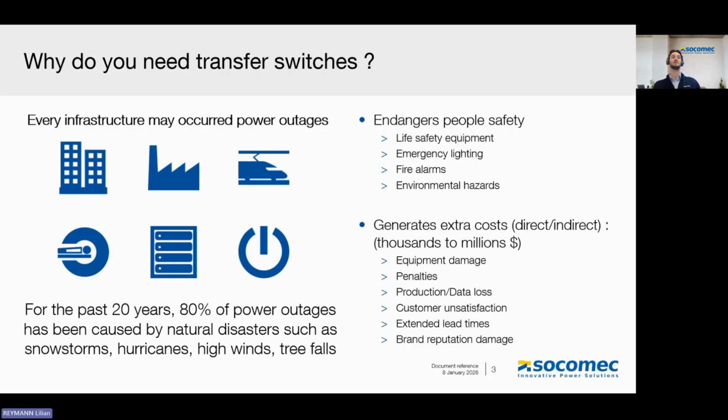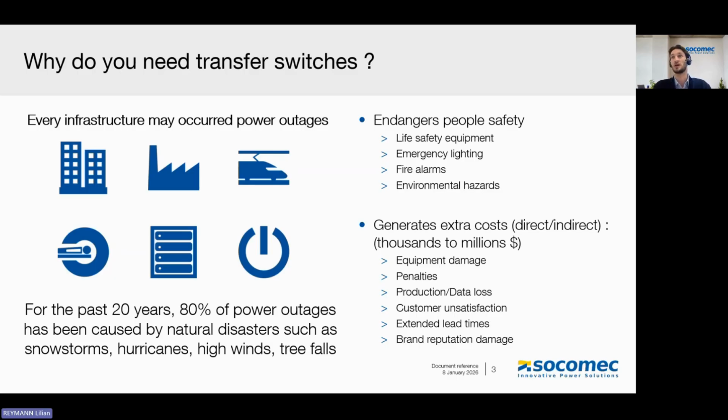Firstly, why do you need transfer switches in your electrical architectures? The main reason is that every infrastructure may experience power outages during a year or during a lifetime. For the past 20 years in the United States, 80% of the power outages have been caused by natural disasters such as snowstorms, hurricanes, high winds, tree falls, and more.